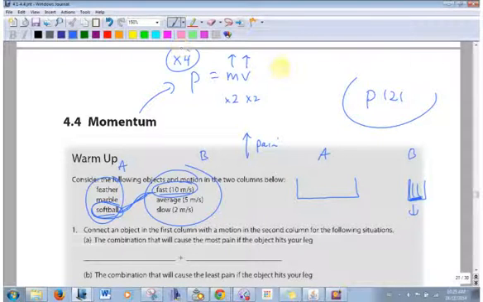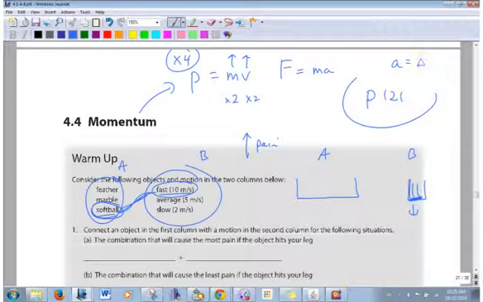Okay? Here's Newton's, well, let me ask you, what is Newton's second law? F is ma. When Newton came up with this, he actually didn't have A here. Because what is the definition of acceleration?